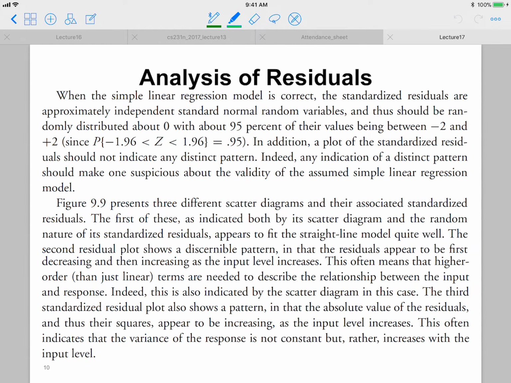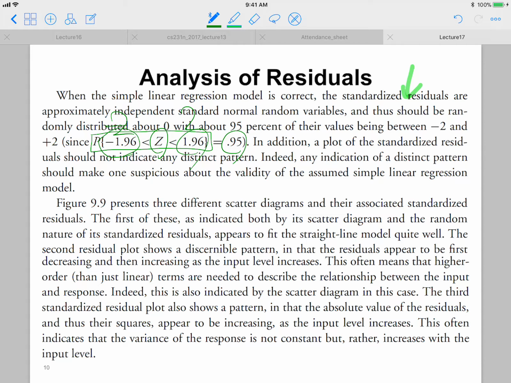Okay, and in this really lengthy slide, the main message is this. If it really followed this standard Gaussian distribution, then let's think about this guy. The probability of z ranging from minus 1.96 to 1.96, roughly negative 2 to positive 2, should be 95%.